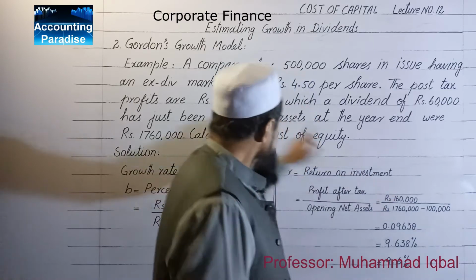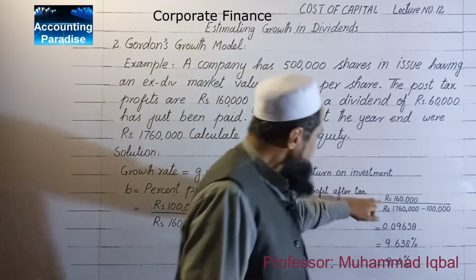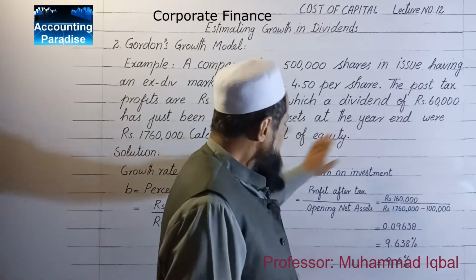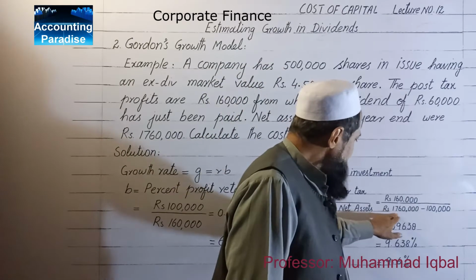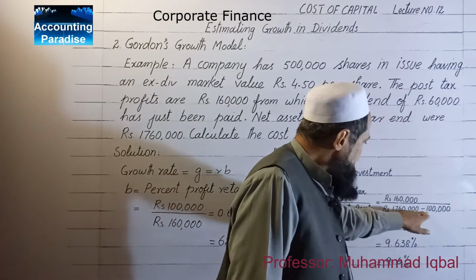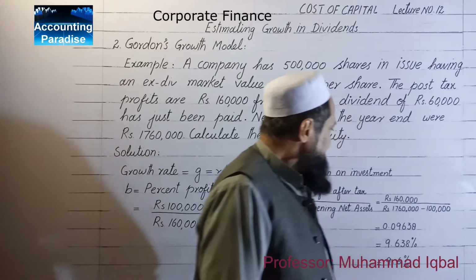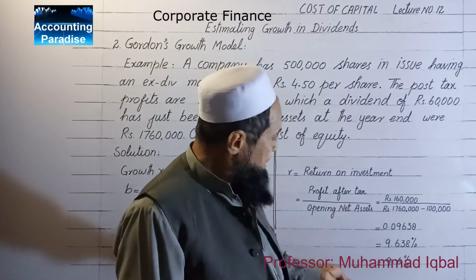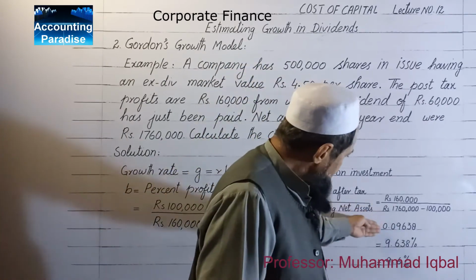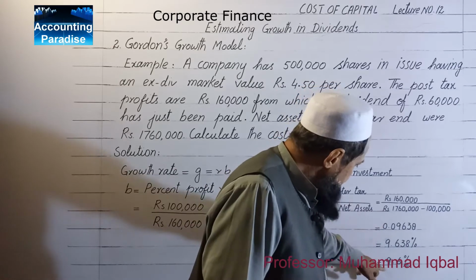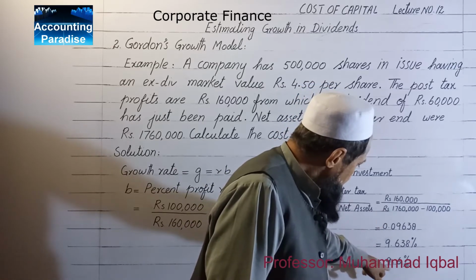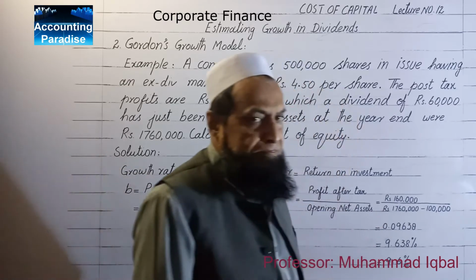This is the profit 1,60,000 and year end assets are 17,60,000 minus 1 lakh which has been retained. By calculating this, we come at 9.6%.